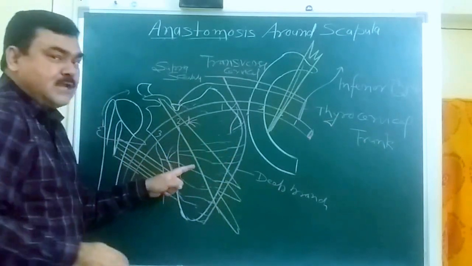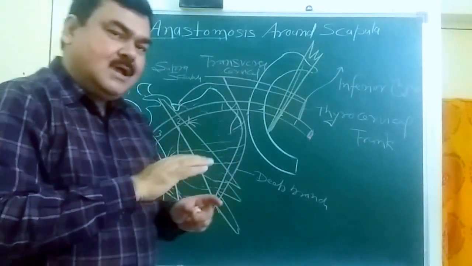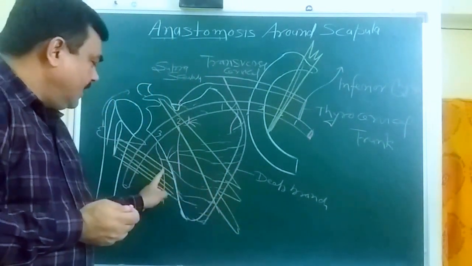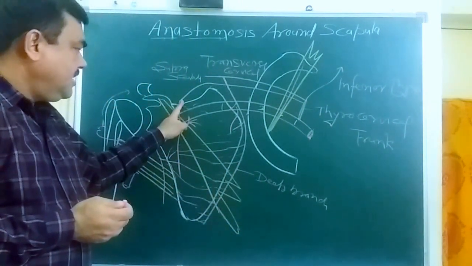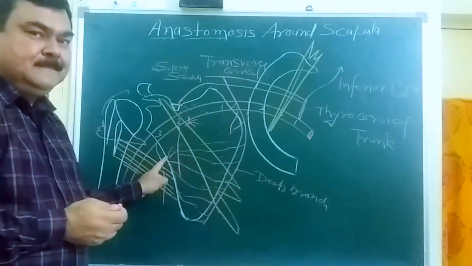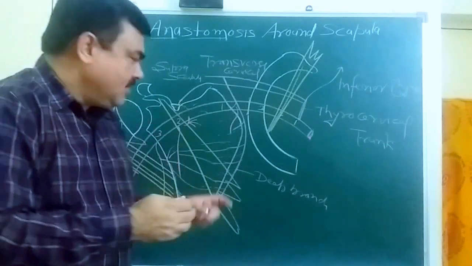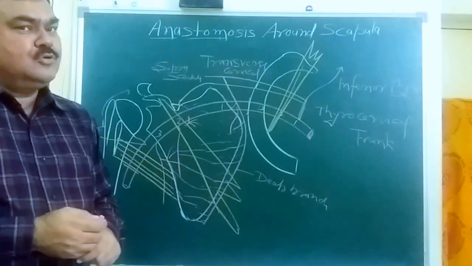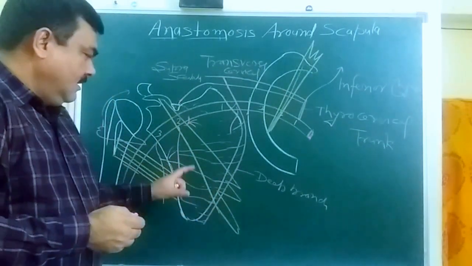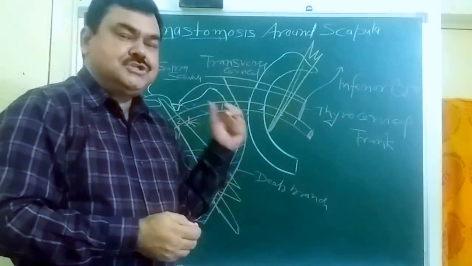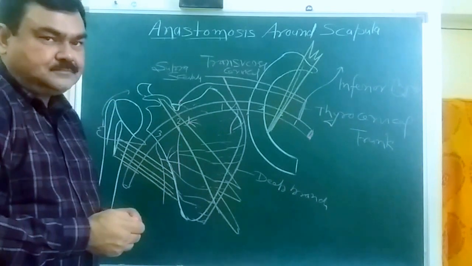On the subscapular fossa, and in the same way on the dorsal side, these three arteries anastomose with each other. The branches of these three arteries anastomose with each other and give supply on the anterior aspect and on the posterior aspect of the scapula.